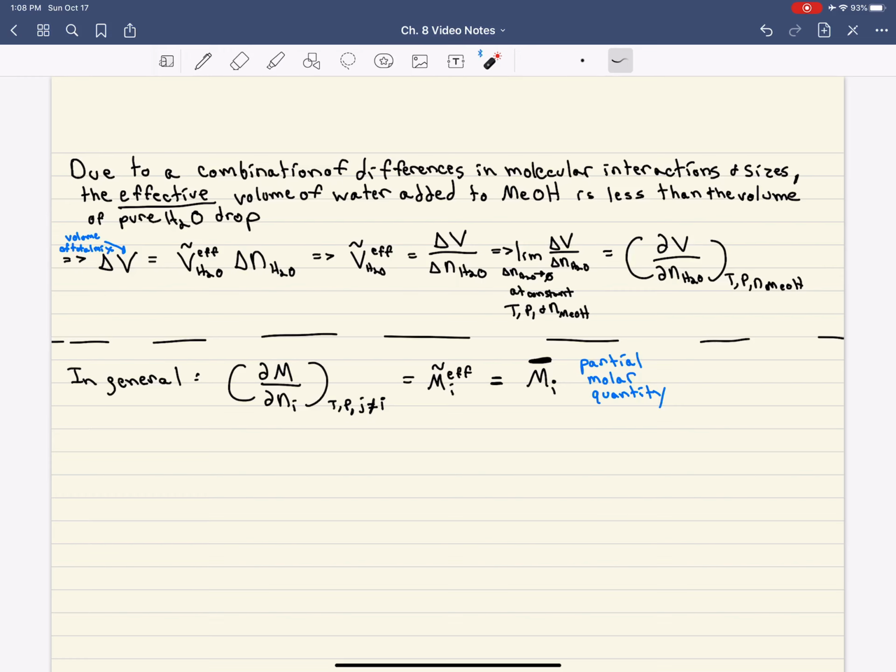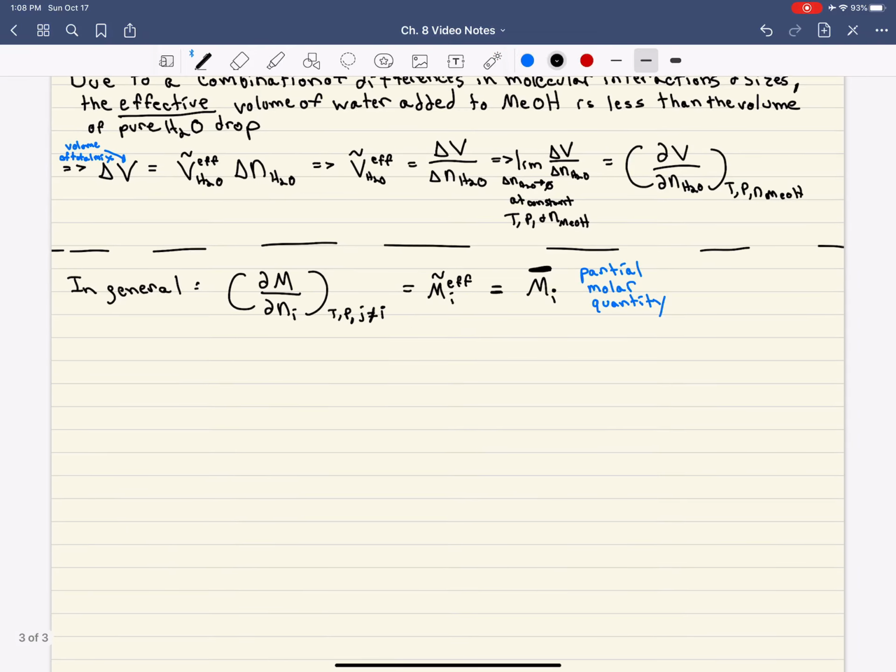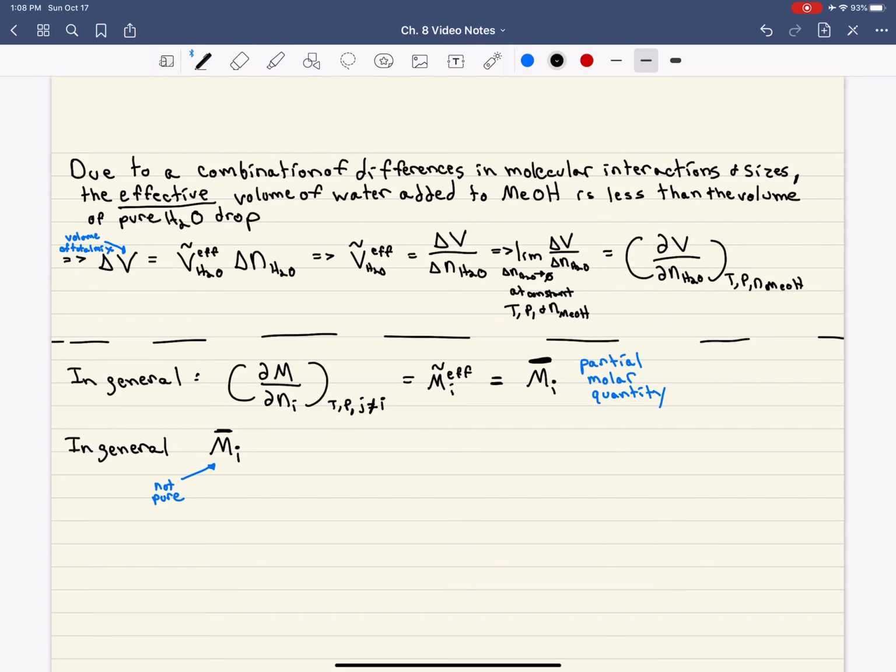But you could also have partial molar enthalpies, partial molar entropies, and so on and so forth. And I want to say that in general, your partial molar quantity for some component, right? So this is not pure. This partial molar quantity is not equal to the molar property of the pure component.